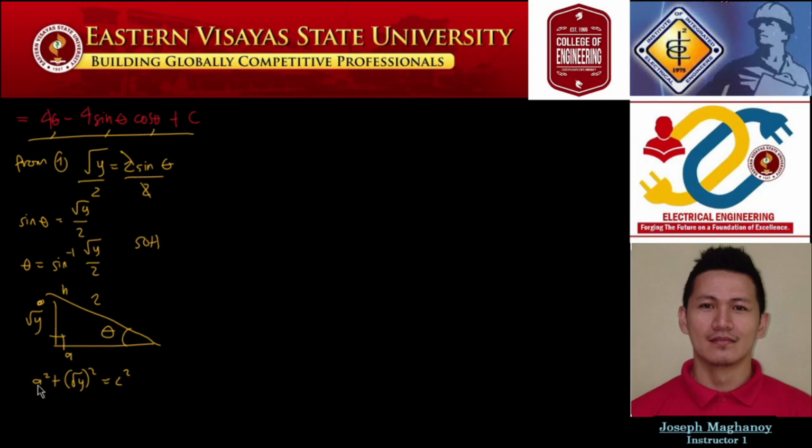So we can determine our adjacent. If we transpose, a squared is equal to 4 minus y, or your adjacent is equal to square root of 4 minus y. So finally, our adjacent here is square root of 4 minus y.